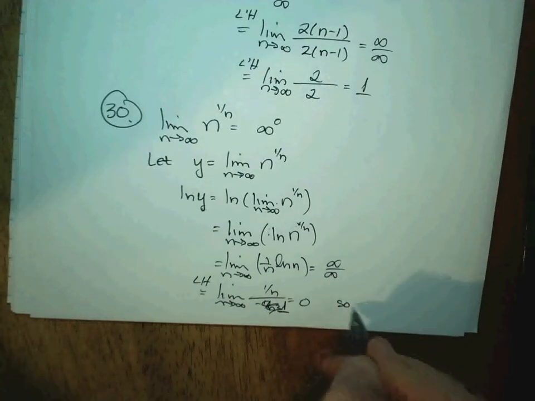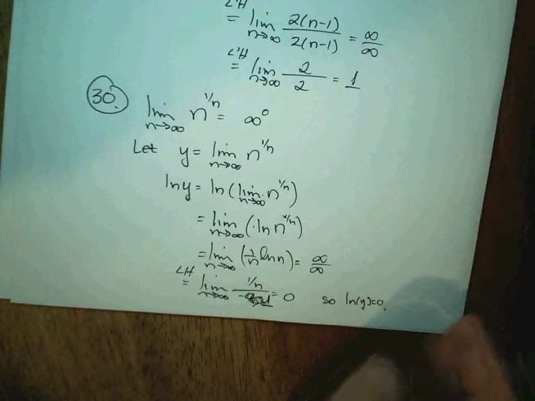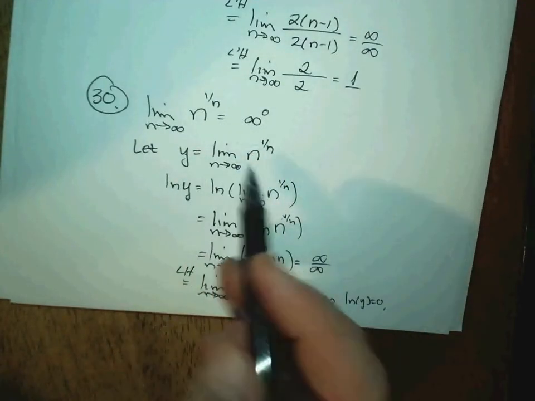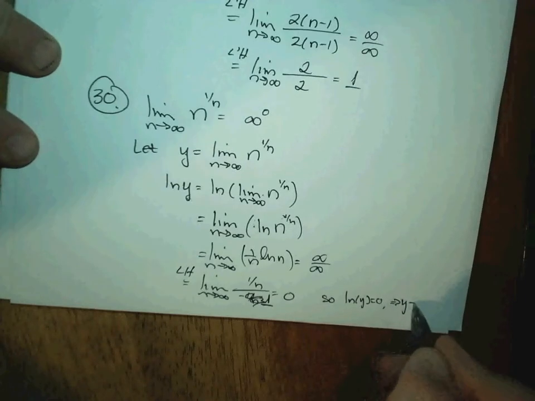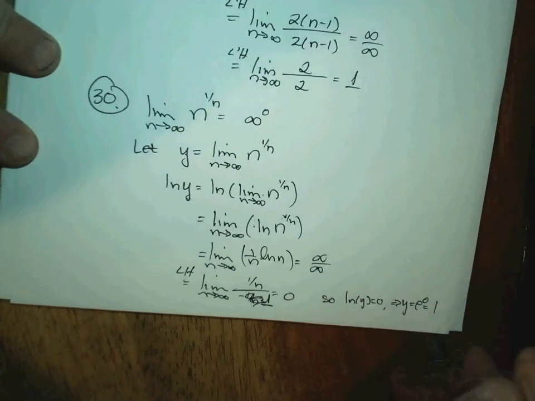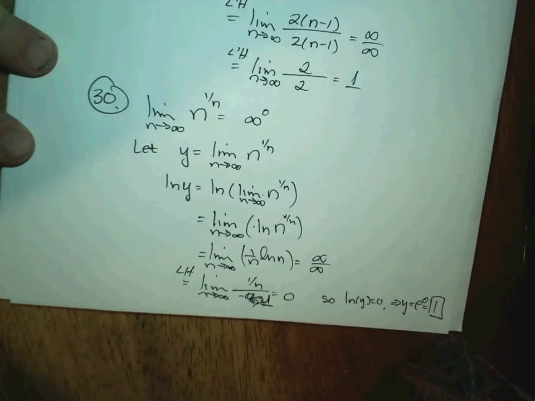And so what we learned here is that the natural log of y is 0. Now, our goal was to know what y was, right? Y was the limit we wanted. So if the natural log of y is 0, y is e to the 0, which is 1. And that's our limit in this case, 1. There's your final answer to the problem.